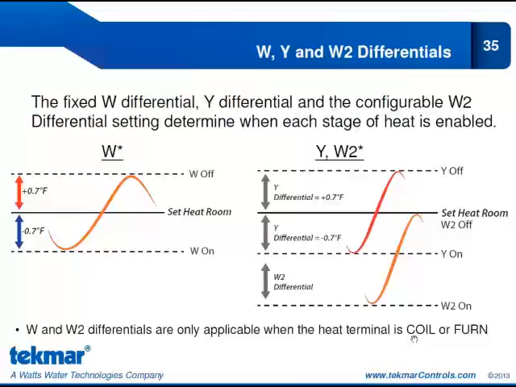So when will your W2 turn on? It'll turn on at minus 0.7 plus your W2 differential below the set heat room. When will it turn off? Once we're at the set heat room. So this differential is entirely below the set heat room value.